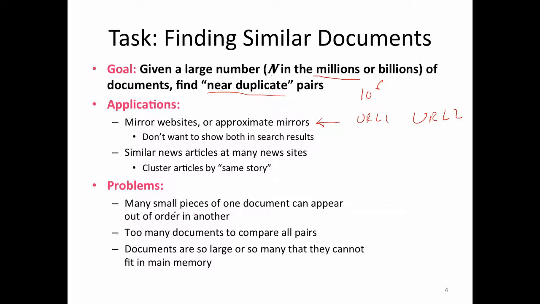And that too, not all of them. Let's say the document is divided into many paragraphs, and not all the paragraphs appear, but many of the paragraphs, many small parts of the paragraphs, or some small pieces of the documents, many of them appear together.